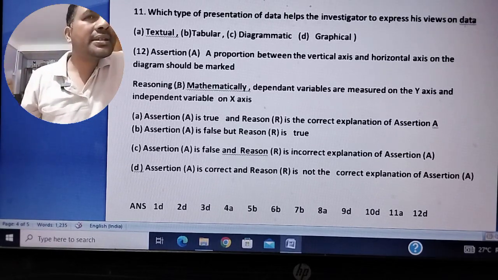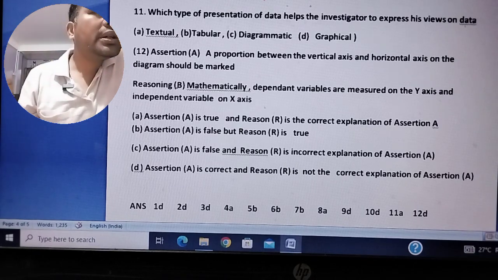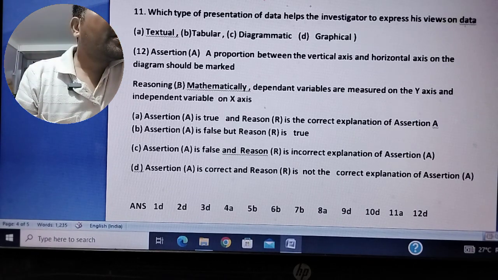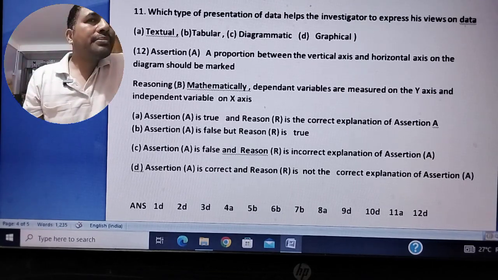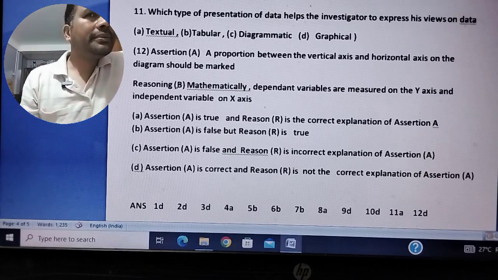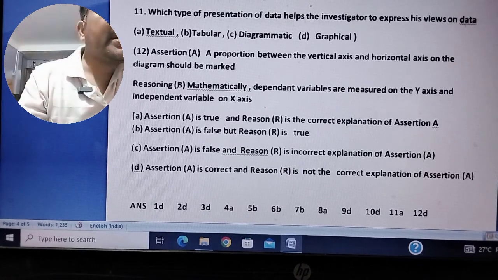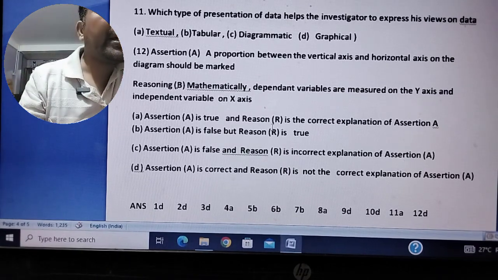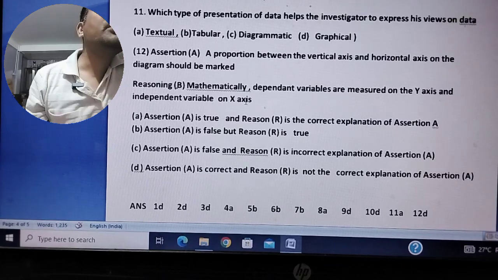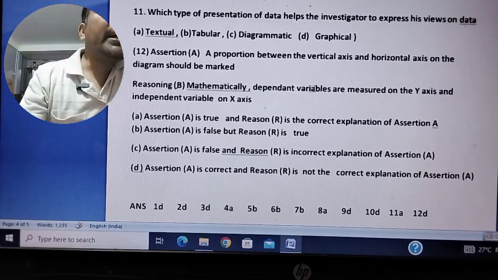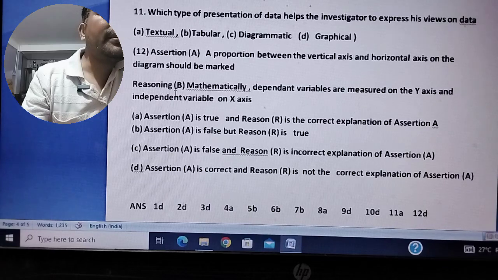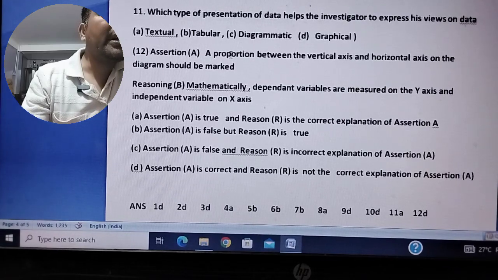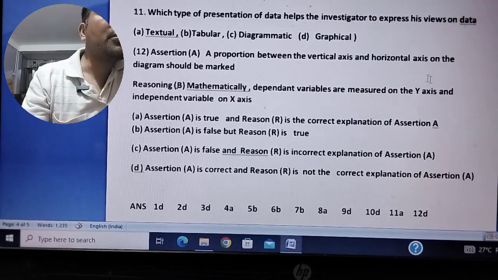It means if you take price and quantity, price should be on the vertical axis and demand on the horizontal axis, and price is the independent variable. So price is the independent variable, so it should be on the y-axis? That is absolutely incorrect. So dependent variables should be on the y-axis, the vertical axis, and independent variables should be on the x-axis, the horizontal axis. So this reasoning R is absolutely incorrect.